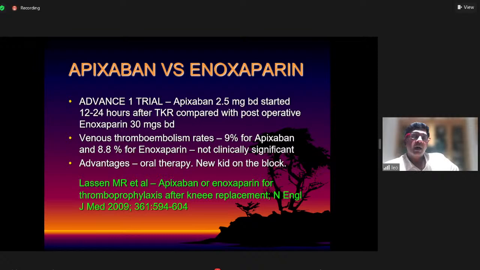The ADVANCE trial, which compared the effects of apixaban with low molecular weight heparin, does suggest that the venous thromboembolism rates with treatment of these two molecules are pretty much the same in the postoperative period. But more importantly, the advantage of apixaban, or any of these molecules for that matter, is that they can be taken orally, unlike other molecules.